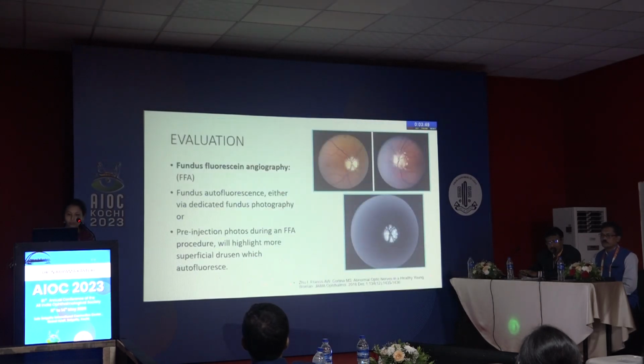So other useful tests are the fundus fluorescein angiography, where you can pick up disc drusen by the autofluorescence. Even before injecting any dye, you will see the fluorescence, which is very classical of disc drusen.